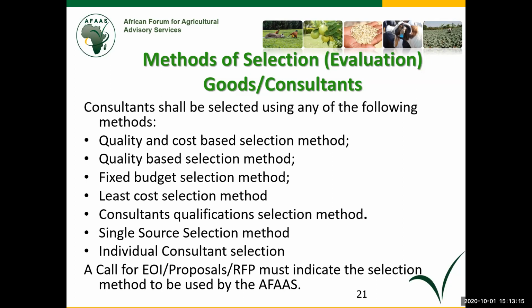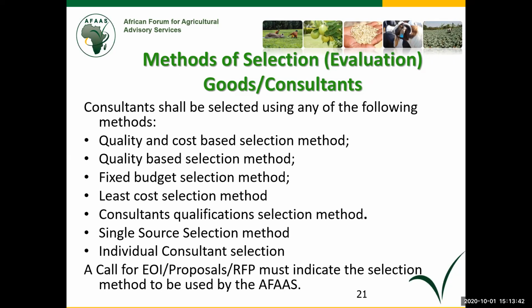Then consultant qualifications is you just look at their CVs, shortlist them and rank them. Whoever is the best ranking is contacted to submit a brief technical and financial proposal. You review it and make any negotiations. The moment you reach an agreement, he is signed with a contract.